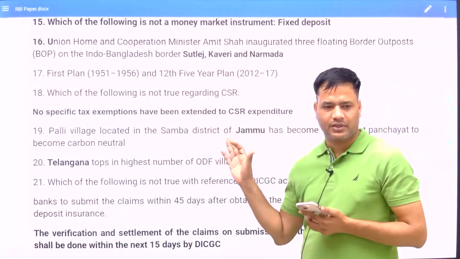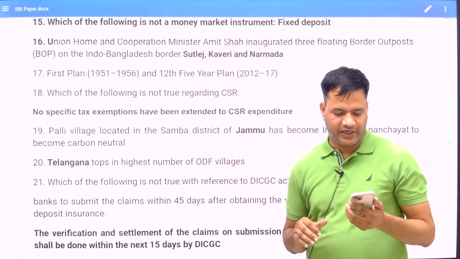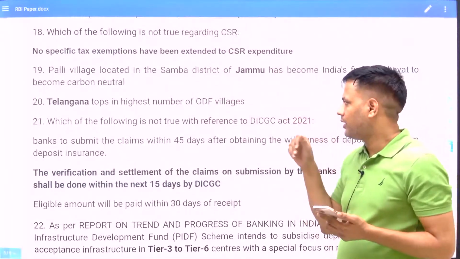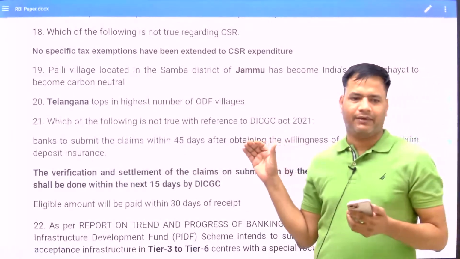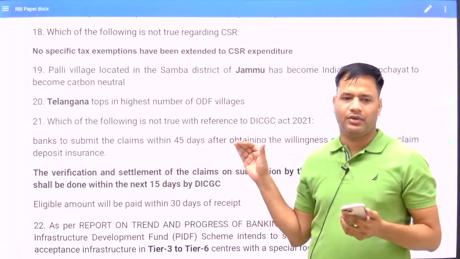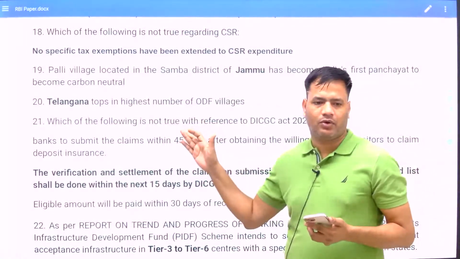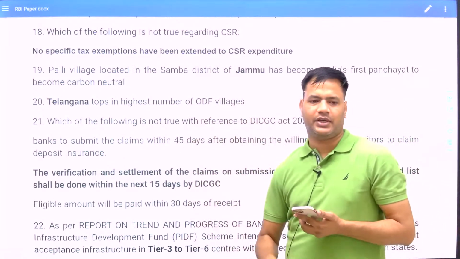The first carbon neutral panchayat is located in which state was asked. So Jammu. As per the recent news report, they were referring to this in every question, the highest number of ODF, open defecation free, villages is in which state?